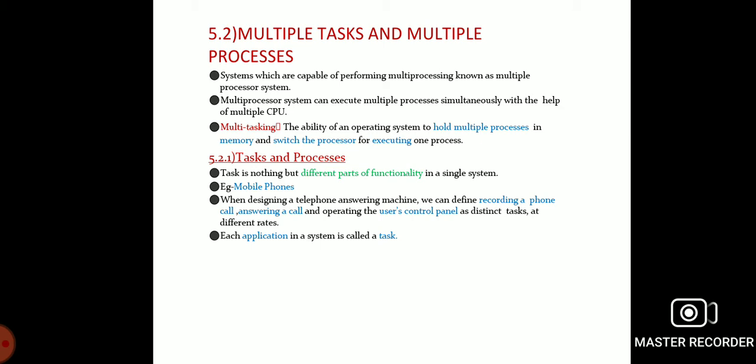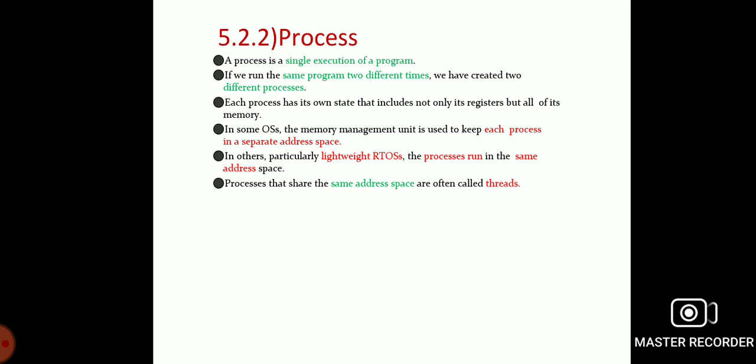Now, what is a process? The process is a single execution of a program. If we run the same program two different times, we create two different processes. Each process has its own state that includes not only its registers but all of its memory.